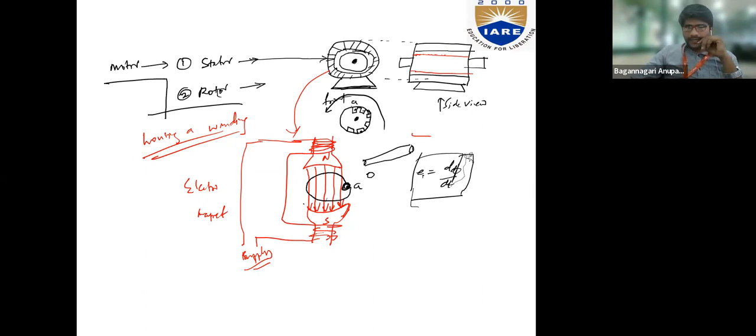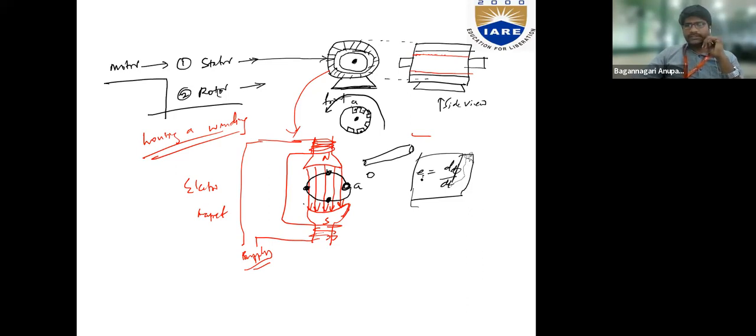So if I make this conductor A rotate 360 degrees in the magnetic field, what will happen? Let me consider some instances, when it is near to the pole, when it is away from the poles, and when it is near to the next pole. What is the amount of flux cut by the conductor?